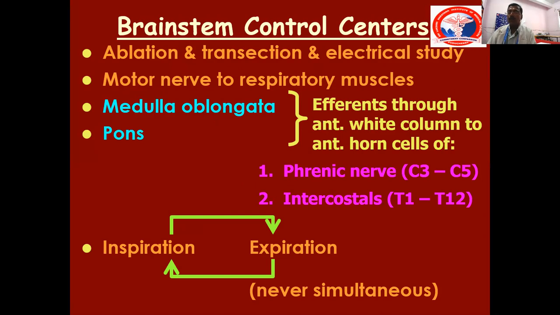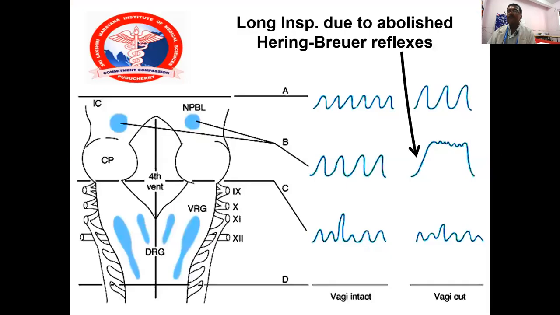These both show the changes in inspiration as well as expiration, simultaneously. And this is the long inspiration due to the Hering-Breuer reflexes. What are Hering-Breuer reflexes? I will explain in detail after completing some explanation of the regulations.